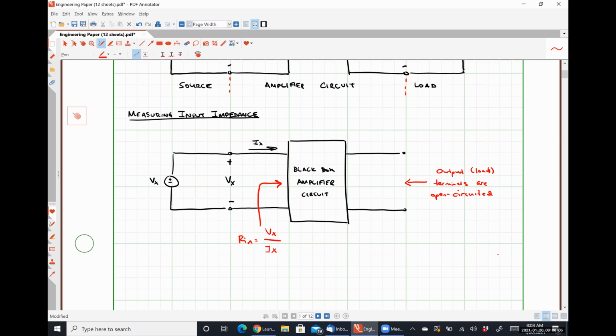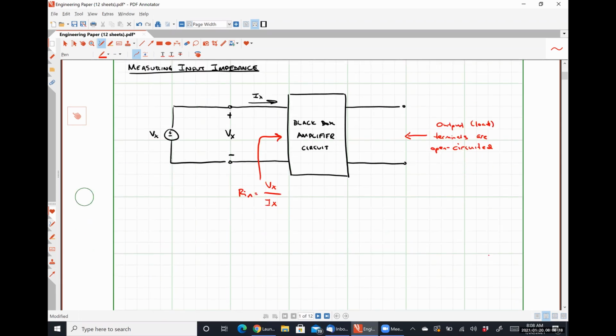So it might be more useful to define the input impedance as it applies to a particular terminal, as opposed to a pair of nodes like we have here. So I'm going to draw three different common BJT amplifier topologies, and you guys tell me which one you want us to find the input impedance of.